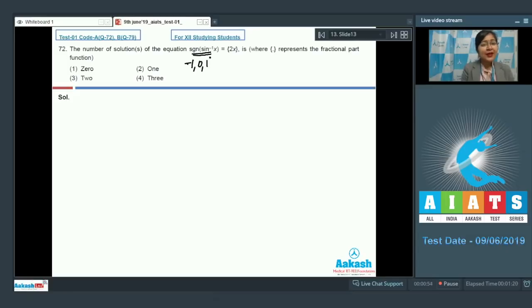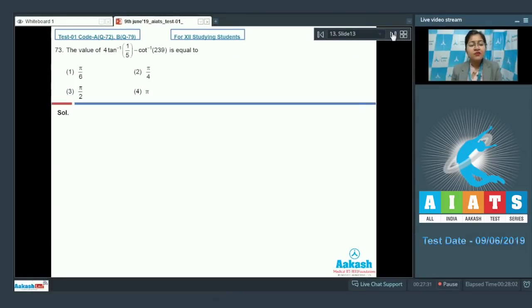And on the right hand side we have a fractional part function which can take only the integral value 0, which means that for a solution to exist both should be equal to 0, that is x equal to 0 is the only solution. So the number of solutions of the equation will be 1, that is option number 2 will be the correct answer.